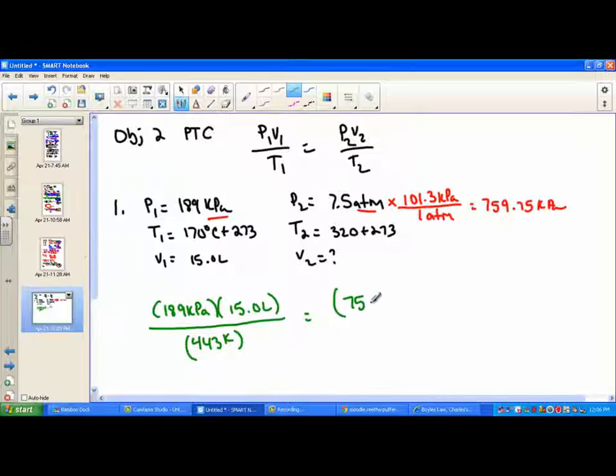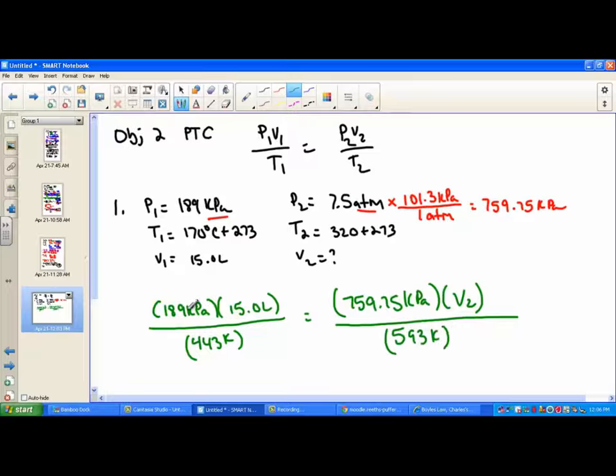Pressure drastically went up, 759.75 kPa. Notice now we have like units. Looking for that new volume, and temperature 320 plus 273 is 593 Kelvin. P1 V1 over T1 set equal to P2 V2 over T2 for set 2, pulling out for V2.